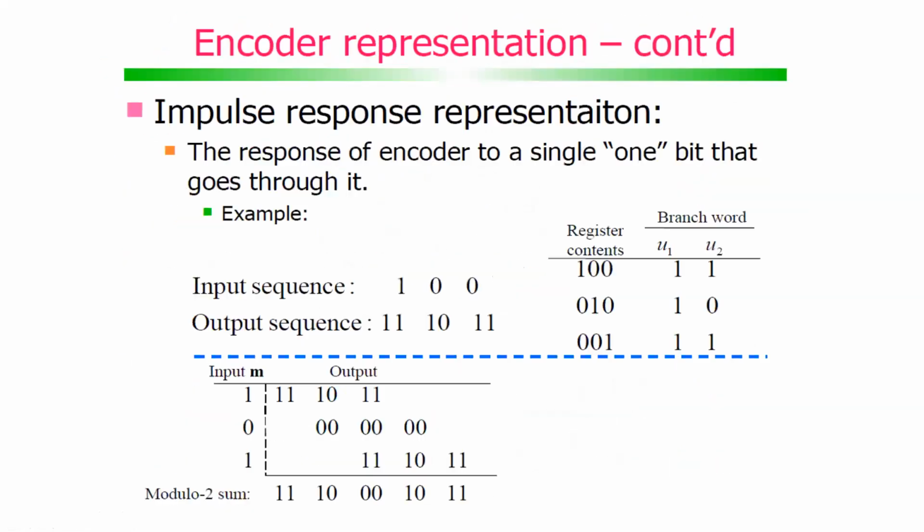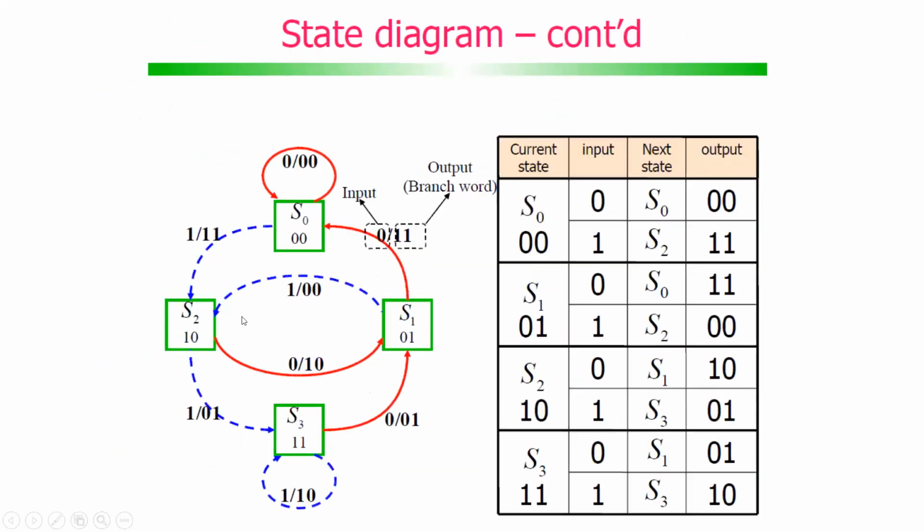So that's what is represented in this state diagram. If the state of the shift register is 0 0, and if 0 input comes, what is the output? 0 0. I hope you must have studied how to draw the state diagrams in your digital electronics course. The same concept is being used here.